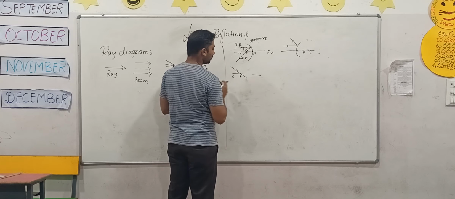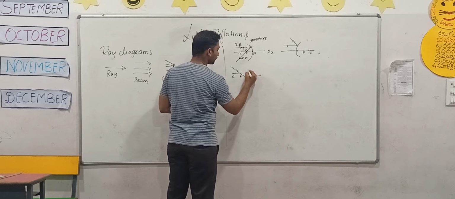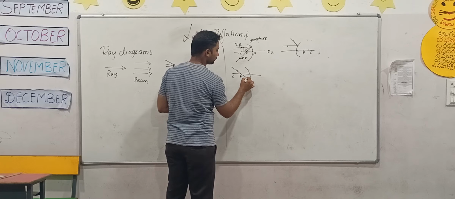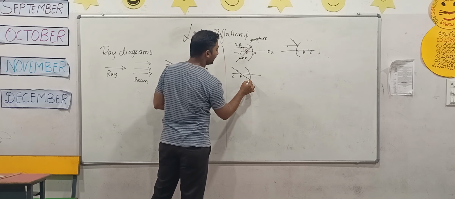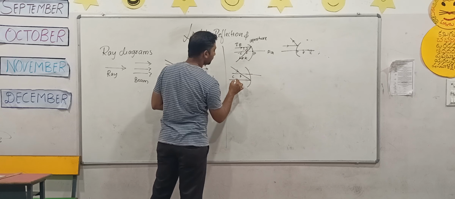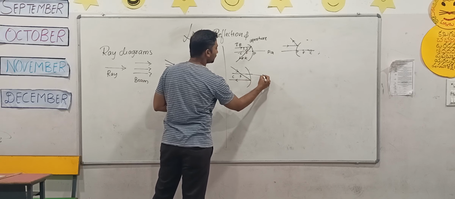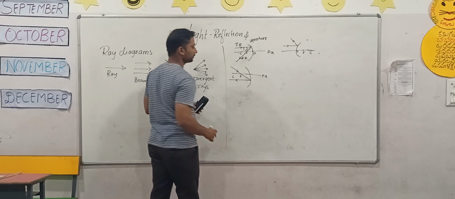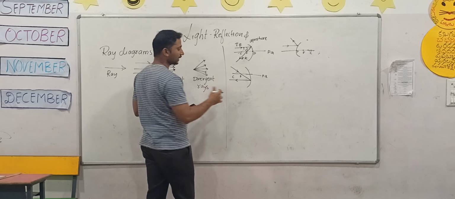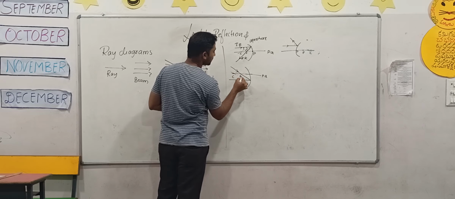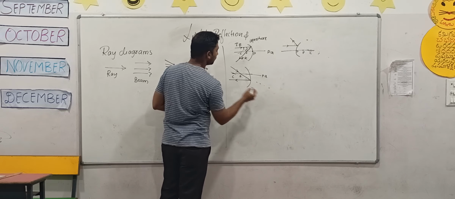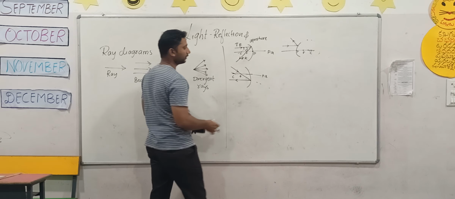sorry, here I have taken the concave mirror. Then the light ray reflects and becomes parallel to the principal axis. Here also the normal line passes through the point C, nothing but the point of curvature.